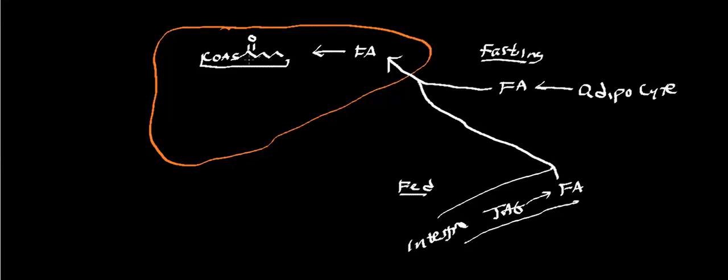Now, what's essentially going to happen to this is it will go through beta oxidation. In this case, it's 6 carbons, so what you would end up getting is 3 acetyl-CoA. But let's just say you get N acetyl-CoA.